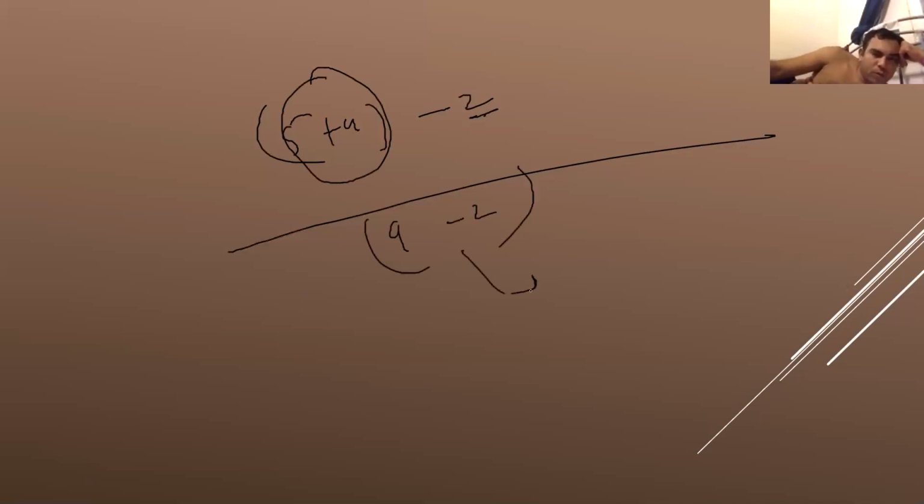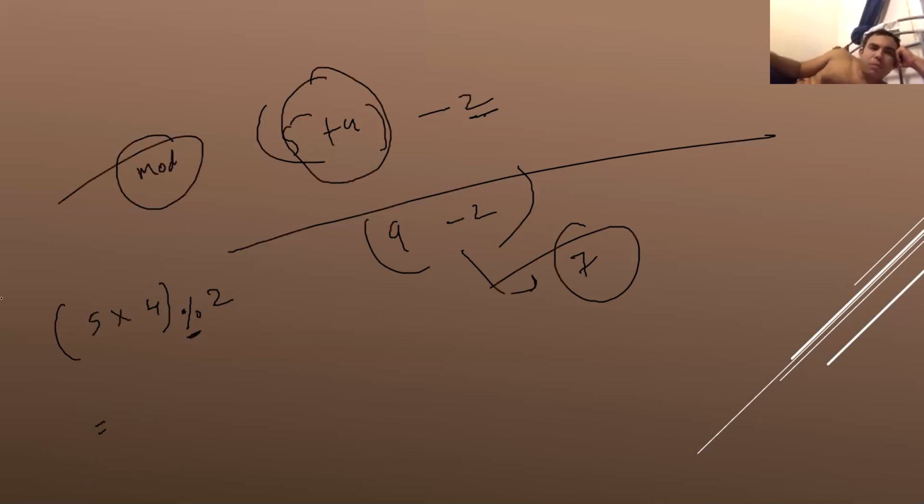What will be the result of this? 20 divided by 2. That will be 10. It is not divided by, it is mod. Oh, mod. What will be the result now, Kayam? I think 0, because there is no remainder.